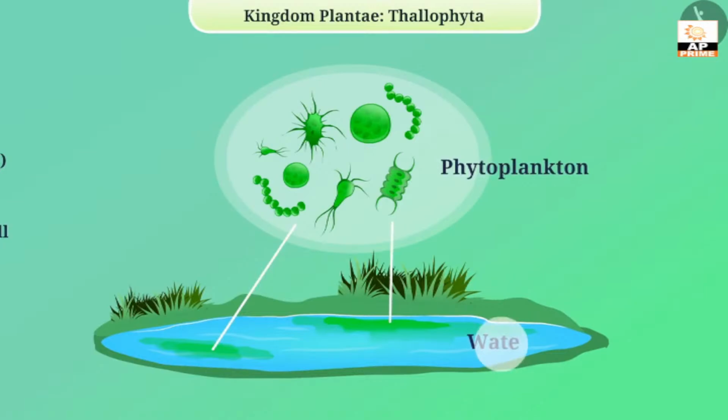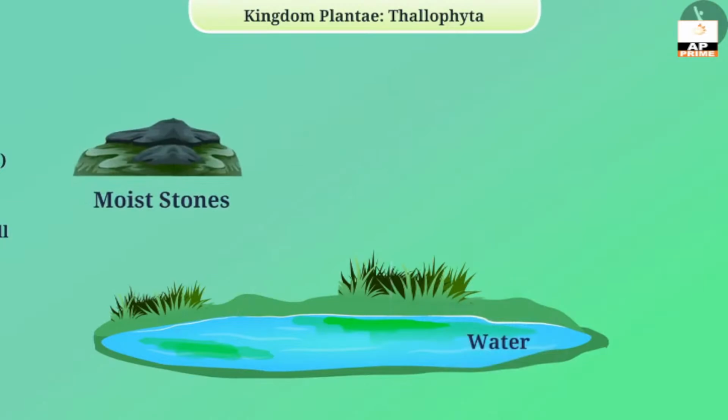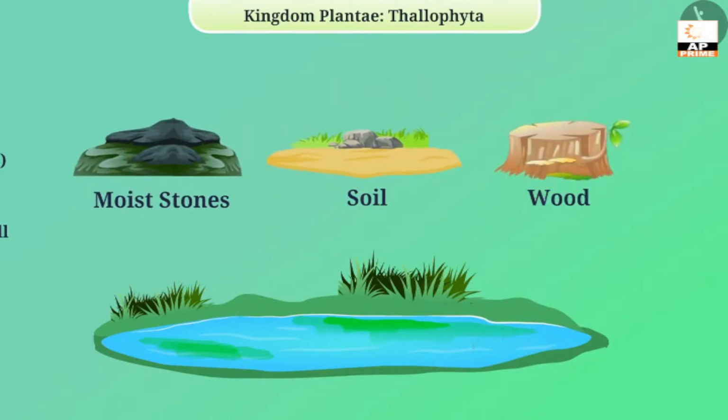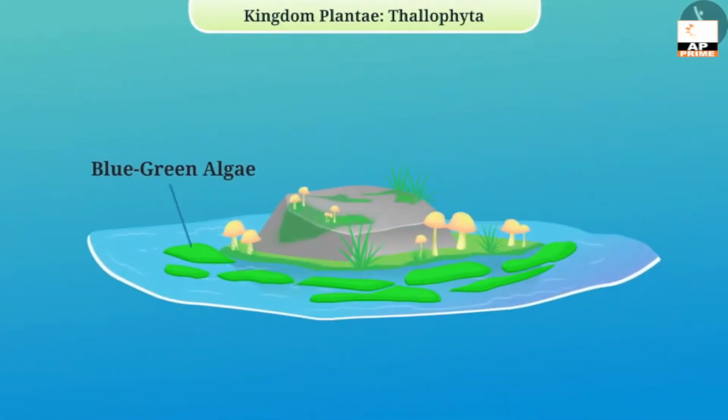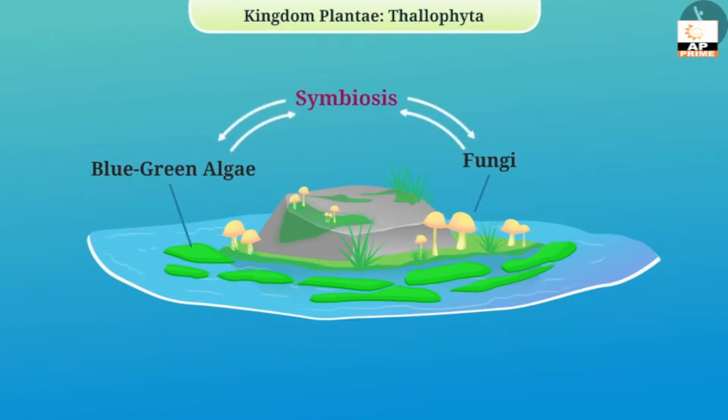Apart from water, thallophytes are also found in moist stones, soil, and wood. Some of these plants, such as blue-green algae, form permanent interrelationship with certain species of fungi that gives various benefits to both. We call this relationship symbiosis.